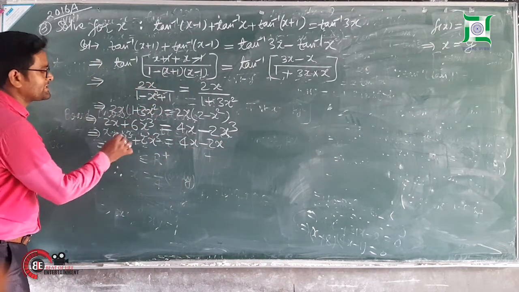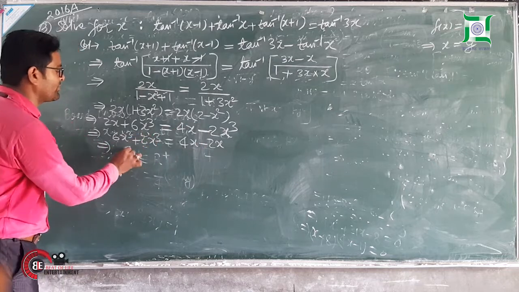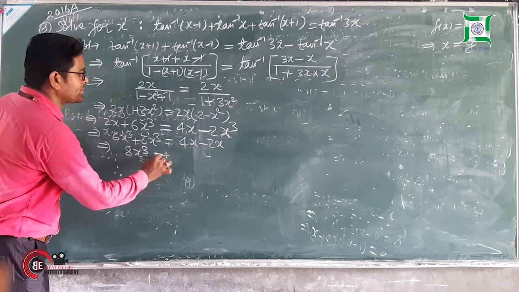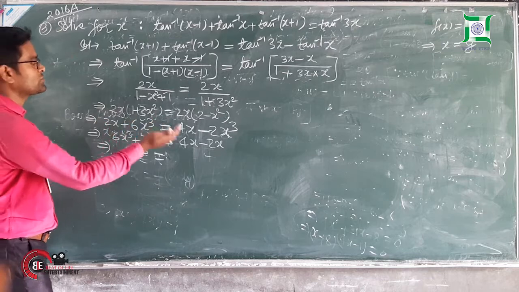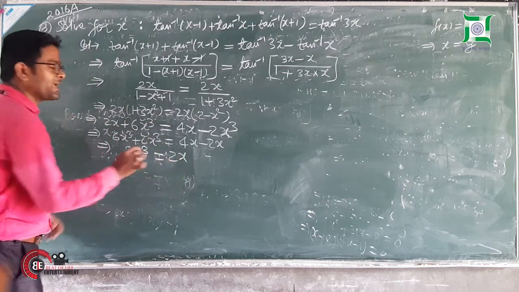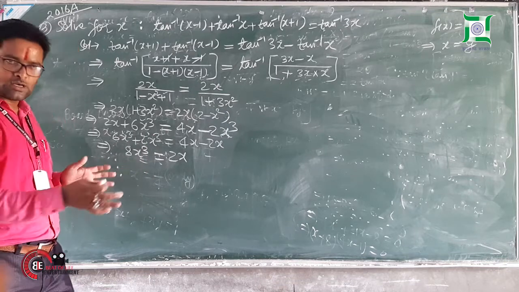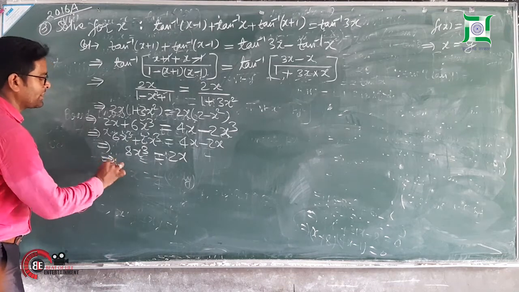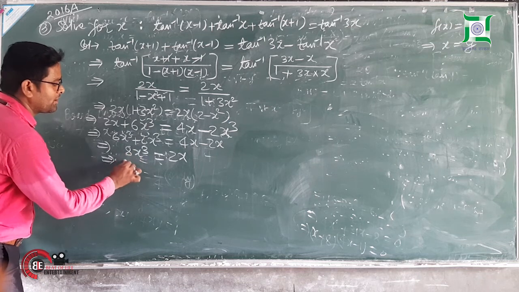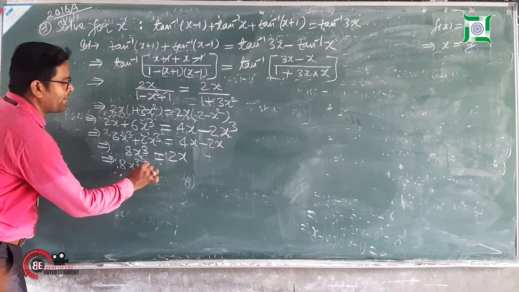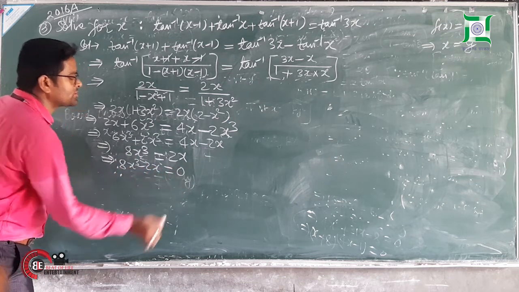So 6x cube plus 2x cube will be 8x cube is equal to 4x minus 2x, will be 2x. Again I am suggesting you, do not cancel x here. Proceed further: it will be 8x cube minus 2x is equal to 0.